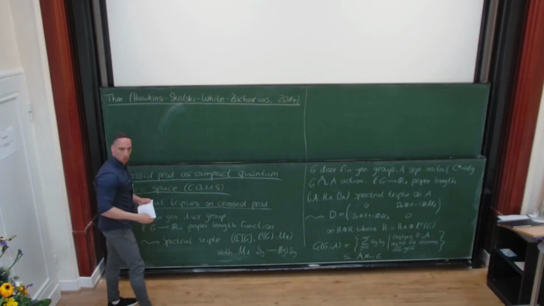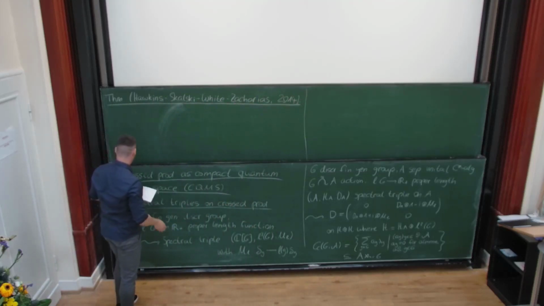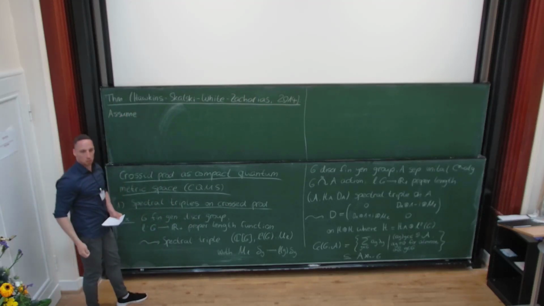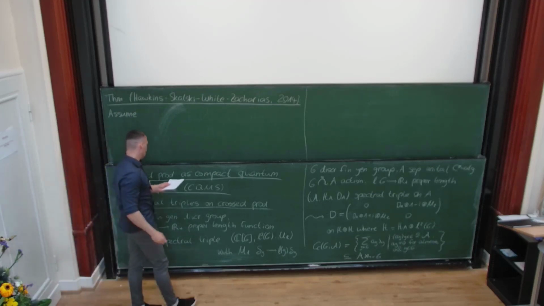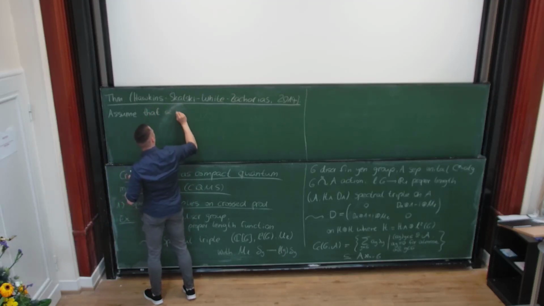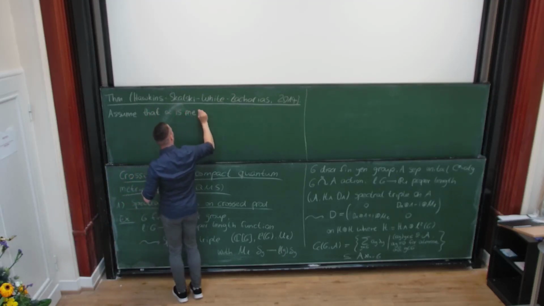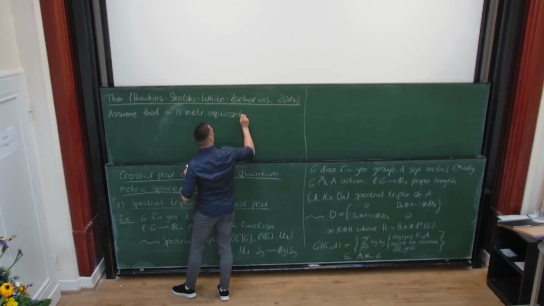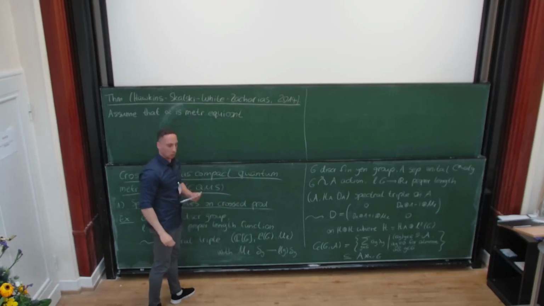They imposed the following extra condition. So we additionally assume that the action alpha is in a certain sense well behaved, in the sense that alpha is so-called metrically continuous. I should of course tell you what this means.